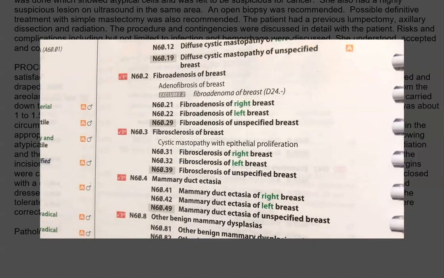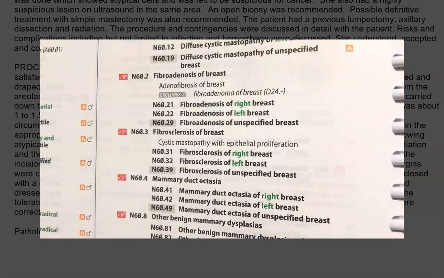Okay, so N60.3 is fibrosclerosis of the breast, and we know it was on the right breast, and so we're going to capture N60.31.